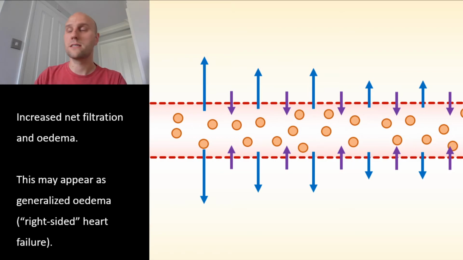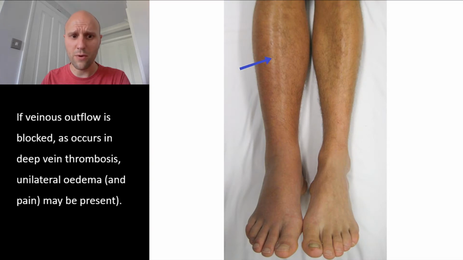Now, if that is because you have, say, an issue with the right side of your heart, it's not pumping effectively, not shifting the blood from the systemic circulation through the lungs effectively. That might present as generalised edema, similar to what we just saw in the previous picture with those edematous legs. However, it can occur locally.